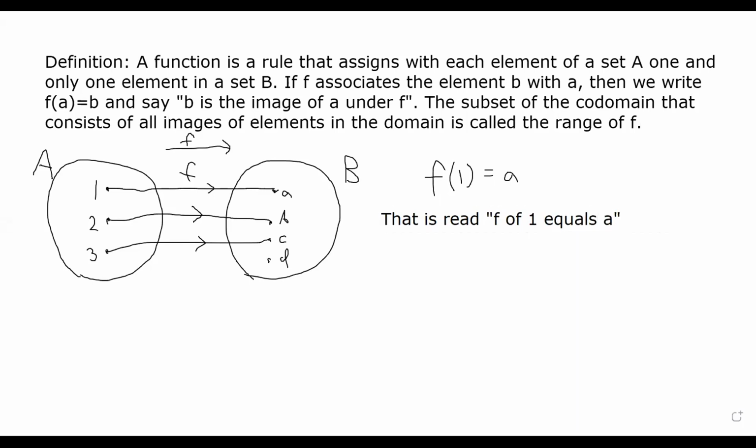But then there are a lot of things you could say. You could also say the image under F of 1 is A. And then you can change the order.